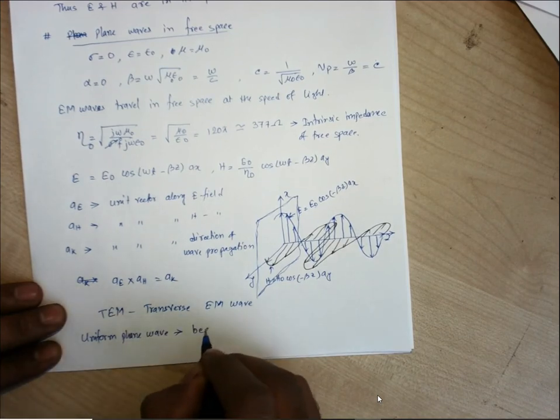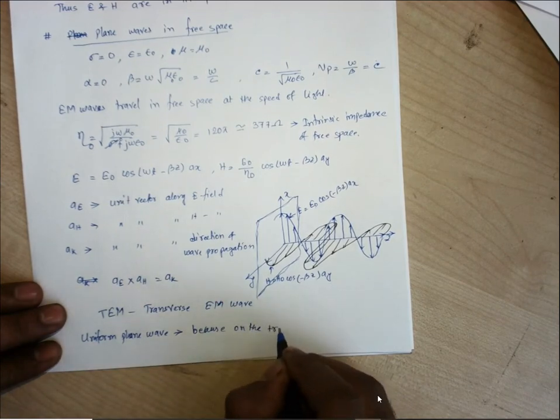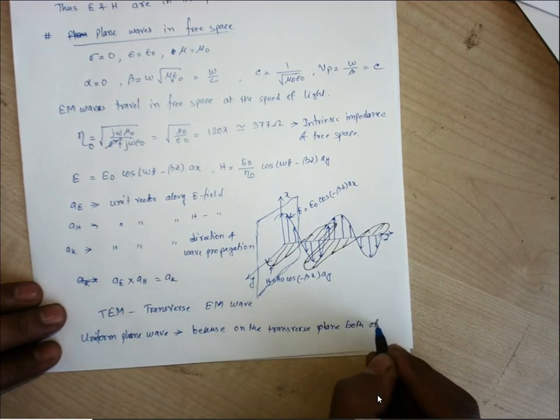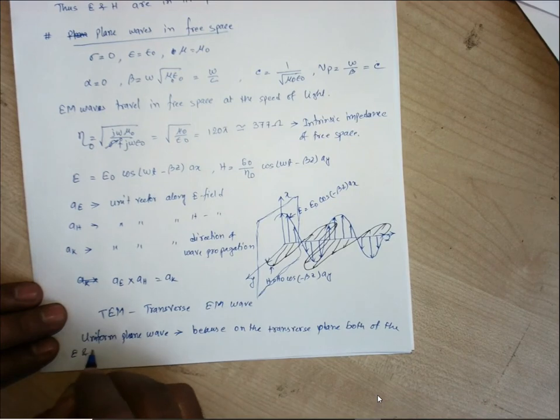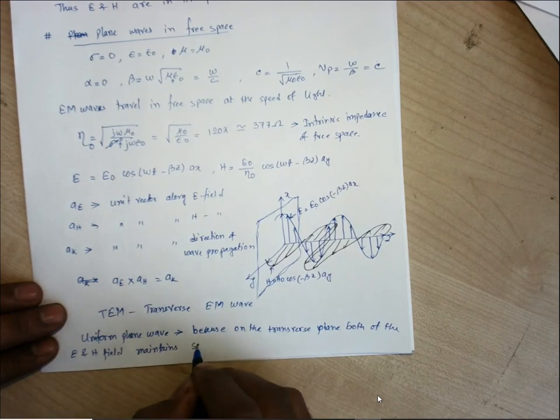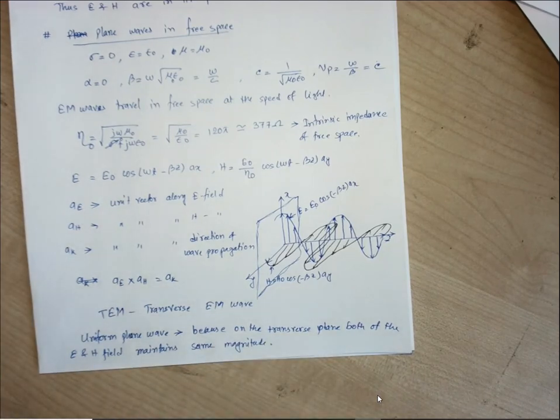Because on the transverse plane both the electric and magnetic field maintain the same magnitude. Then we can say this kind of waves are known as uniform plane wave.